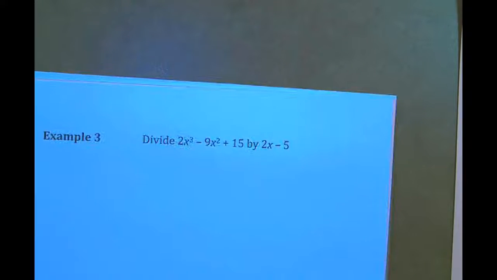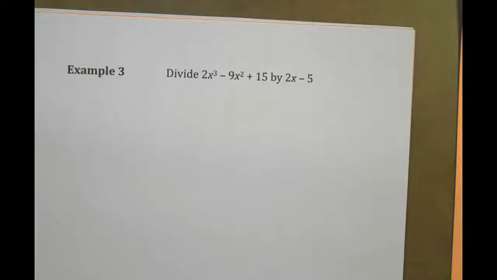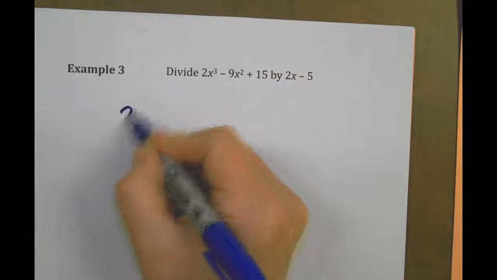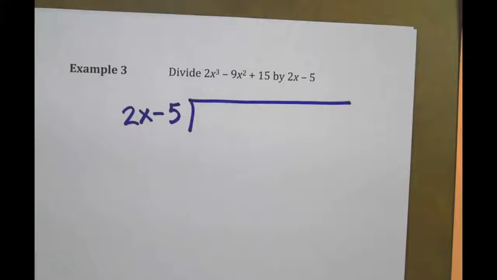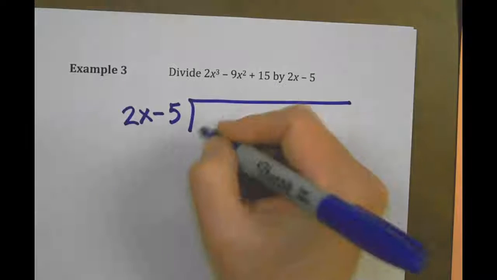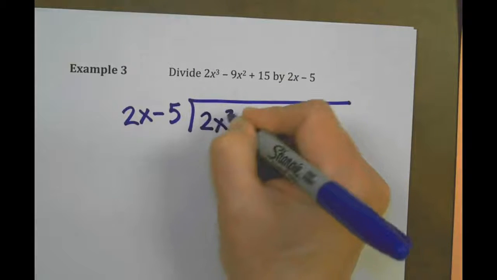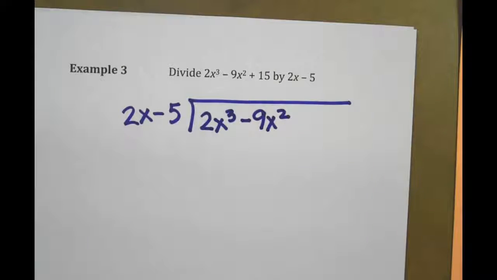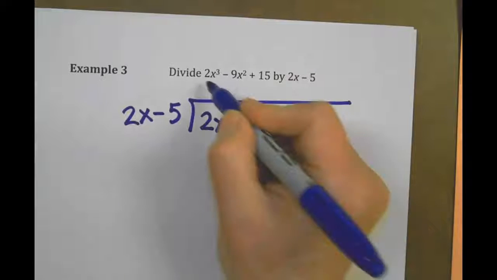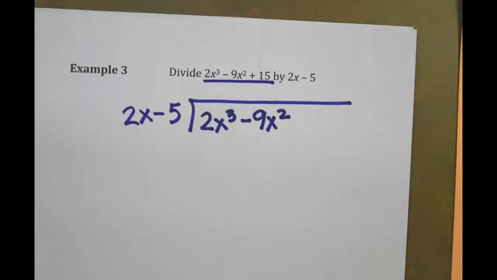Example 3. The 2x minus 5 divides into 2x to the third power minus 9x squared. Stop. Does this have an x to the first power?